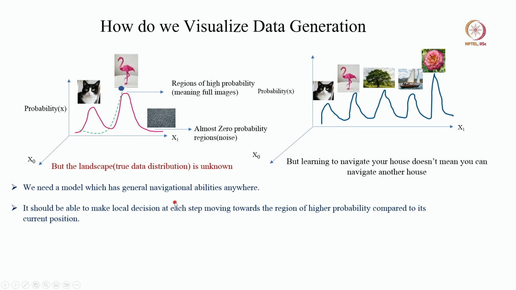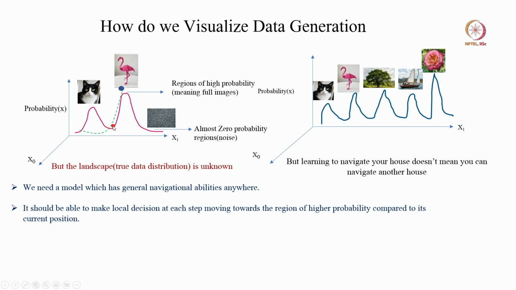Now, when I say it should have general navigational abilities, I mean that at each and every local point here, suppose the point is here, it should be able to judge which direction should I go, so that I keep going up the hill. Okay.